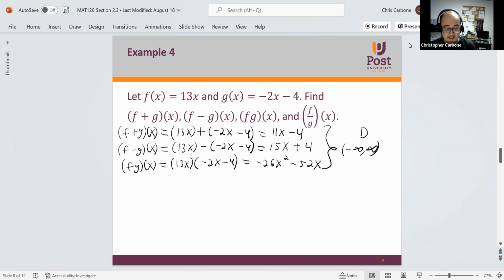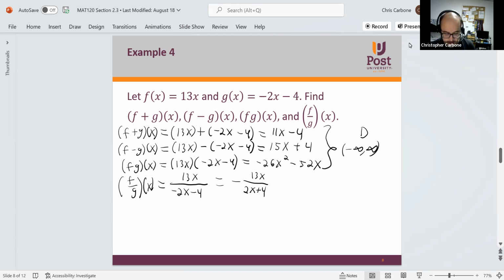But when we would divide these, f divided by g of x, this would be 13x divided by negative 2x minus 4. And the only thing we can do is take out the negative in the denominator. This would be negative 13x divided by 2x plus 4 if we did that.